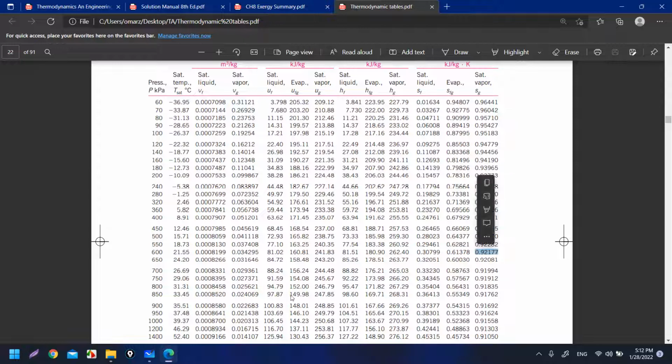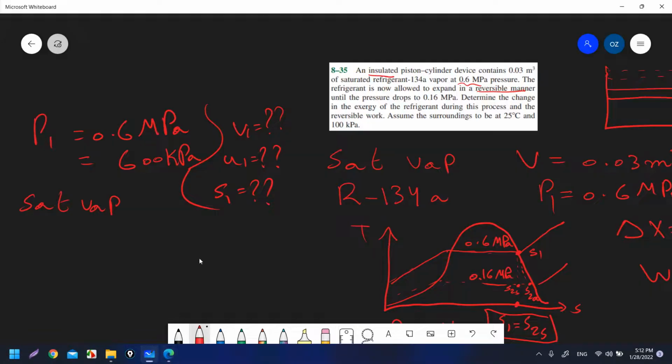Okay, let's write. V1 equals Vg at 600 kilopascal, equal to 0.034295 meter cubed per kilogram.